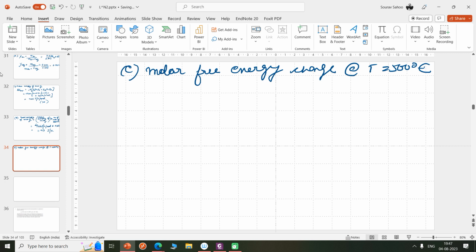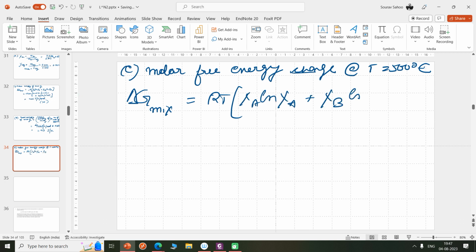So delta G mix, since I've been asked for the change, is equal to RT chi A ln chi A plus chi B ln chi B. For the ideal solution, as has been mentioned, we don't have the order parameter, so modulus.